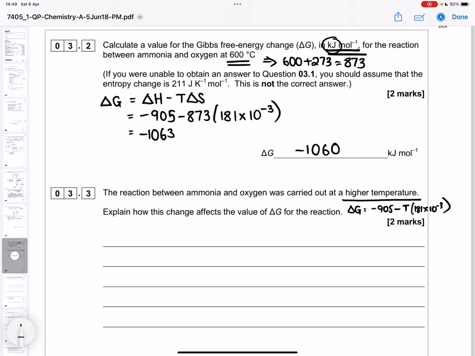So we're starting off at minus 905 on our number line. Imagine 0 up here and we're down here at minus 905. And then we're subtracting our T delta S, which is a positive number, but we're subtracting it. So we're getting more negative, and the bigger the temperature, the more negative this number will become. So delta G becomes more negative.